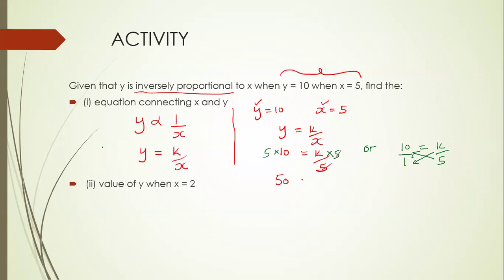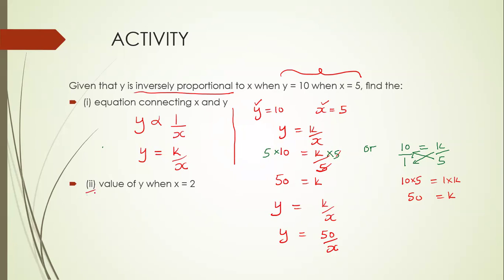This 5 and this 5 cancel, equal to k. Those who have cross multiplied, I'll have still 10 times 5 equals 1 times k, and 50 is equal to k. Now, after obtaining your k, go back and substitute. So you have y is equal to k out of x, but my k is 50, and therefore my y will equal 50 out of x. And that is your equation.